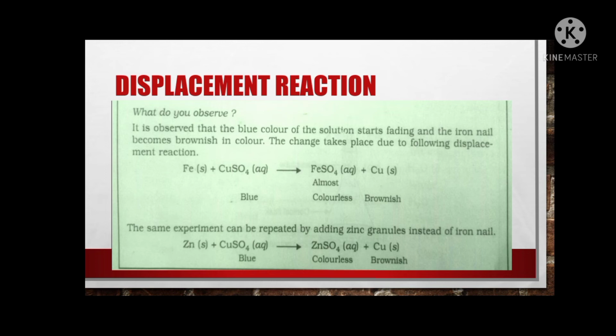Similarly, you can perform with Zn. Zn also replaces the copper. Why is this copper being replaced? That is mainly because the copper in both the cases has less reactivity. Therefore, the iron as well as the zinc replaces the copper.